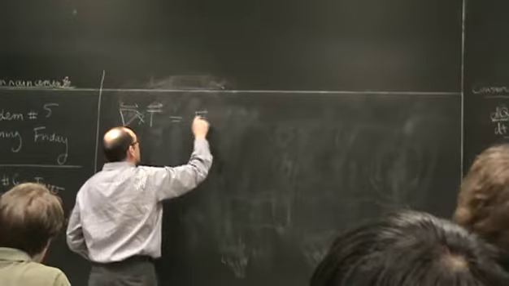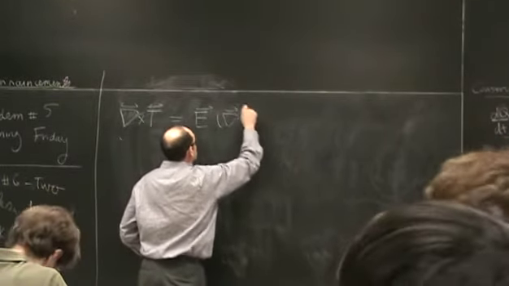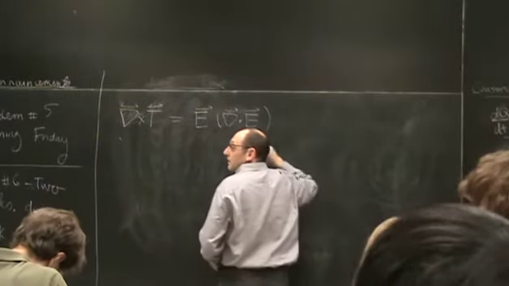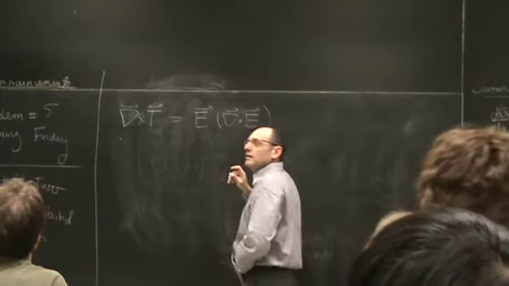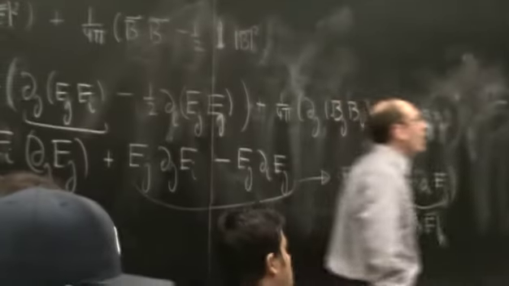This is going to be E times the divergence of E. That's the divergence. That's correct. Not the curl of the tensor. Yes, thank you.